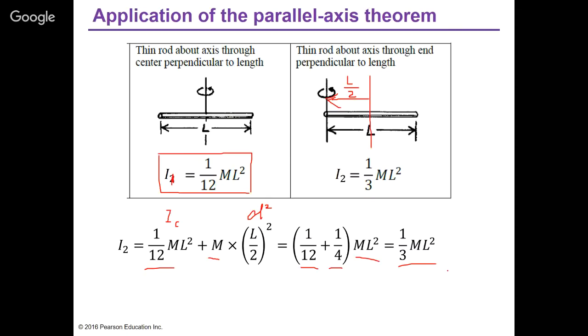So once we calculate the moment of inertia around an axis that travels through the center of mass, then for any axis that's parallel to it, we can use the parallel axis theorem to derive what this new moment of inertia is.